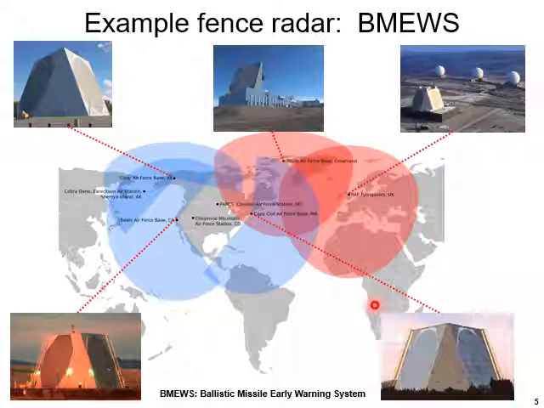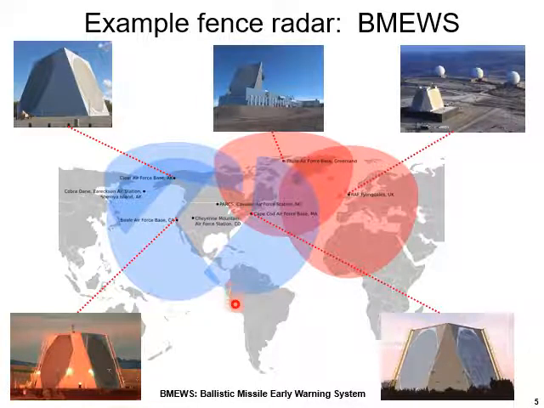Another example is fencing radar, the ballistic missile early warning system. As you can see, there are big antennas, and each antenna will cover huge geographic locations.